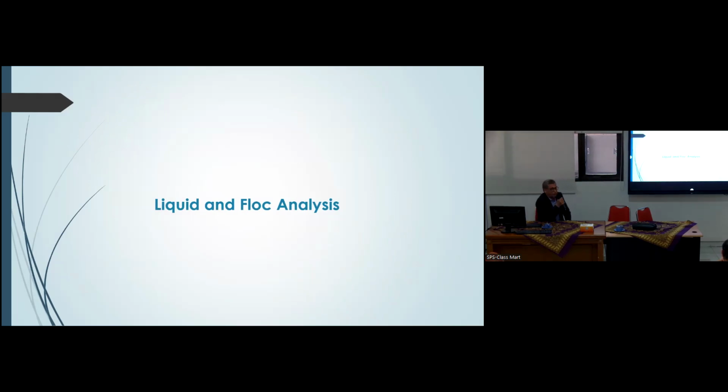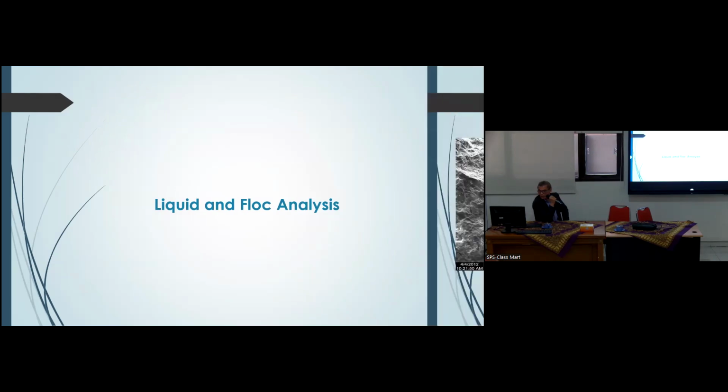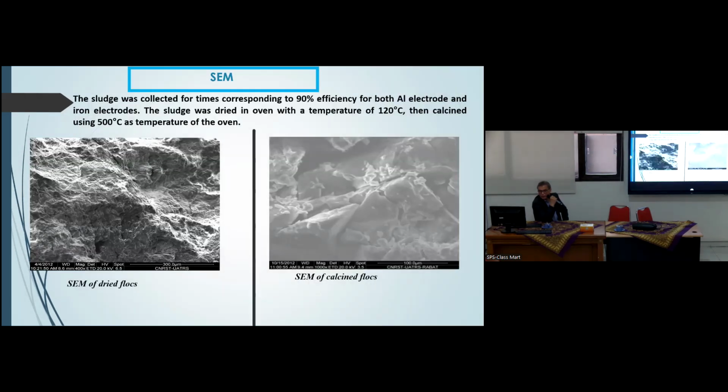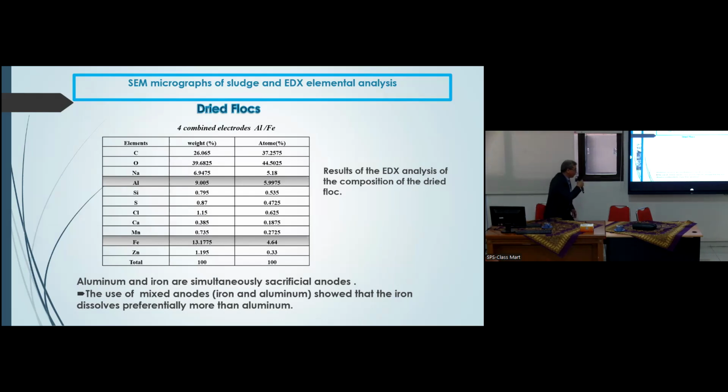And we have some analysis of this. We have the SEM, and we have the results here. In the flock, we have detected the presence of aluminum and iron. That means that both electrodes participate in removing the color, because both are sacrificial anodes, because the presence is here.